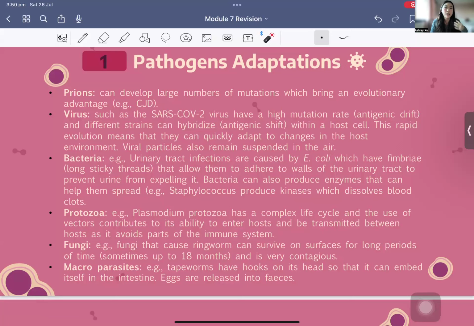So you cannot actually naturally get rid of urinary tract infections unless you take antibiotics because the E. coli just sticks in your urinary tract for a very long time because of these fimbriae here. Have a look at the rest of these. I do want you to kind of remember some other bacterial adaptation, pathogen adaptations as well.